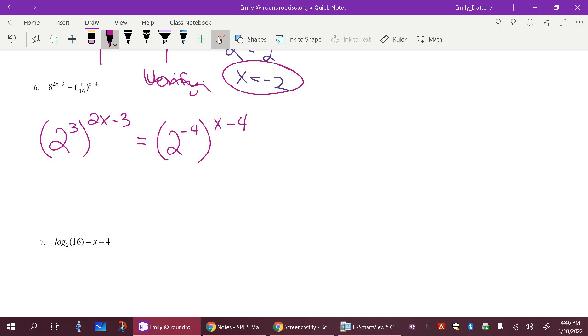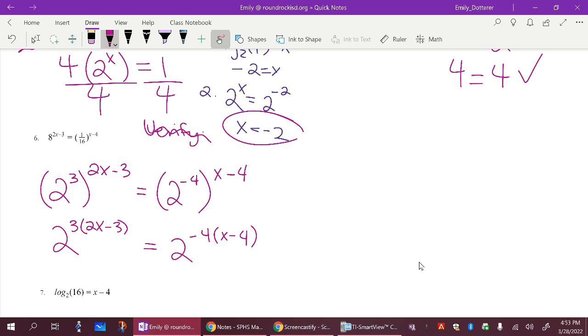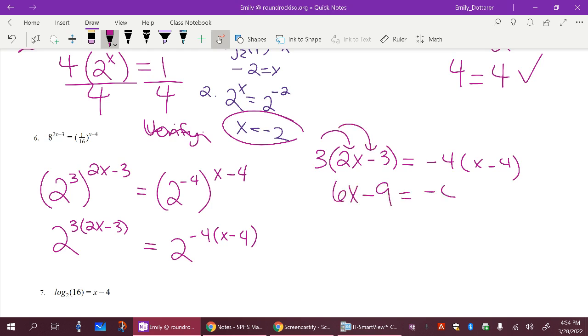And then this way we have the same base, so we can use the power rule to help us simplify our exponents here. So now that we have it like this, we are able to set our two exponents equal to each other since the bases are also equal. Okay.